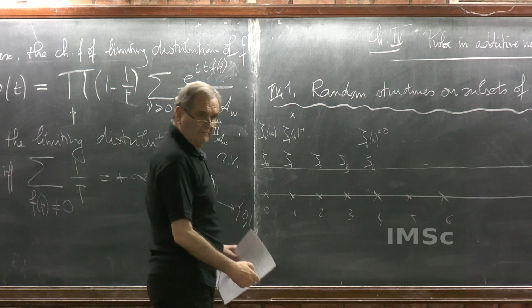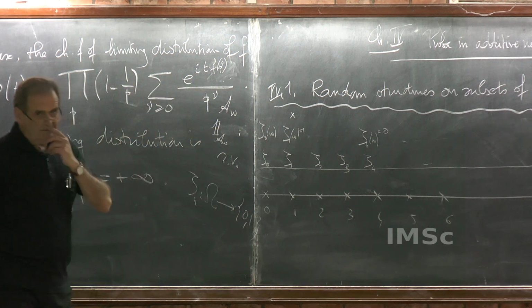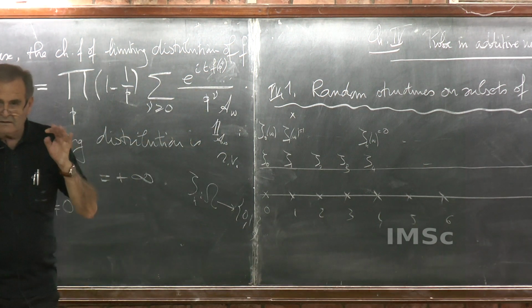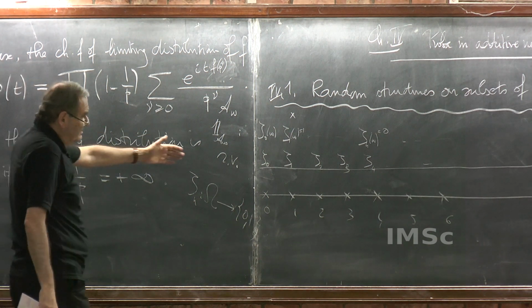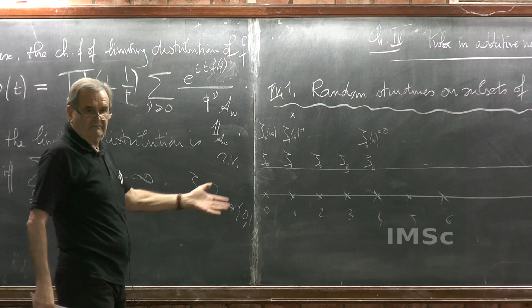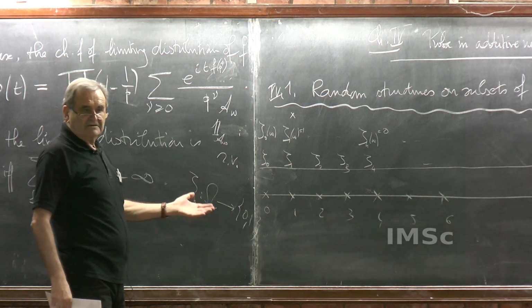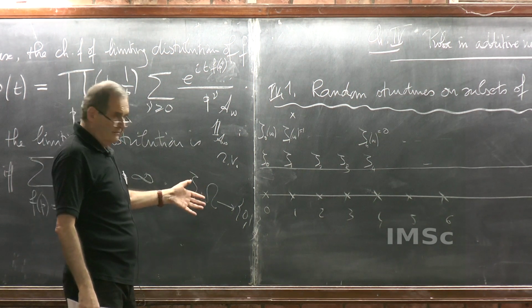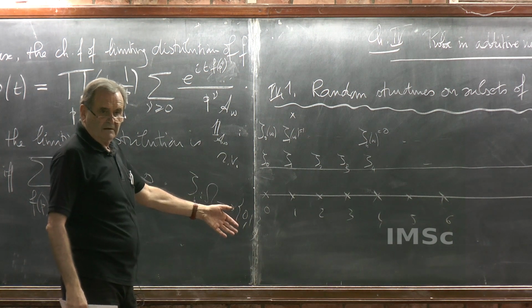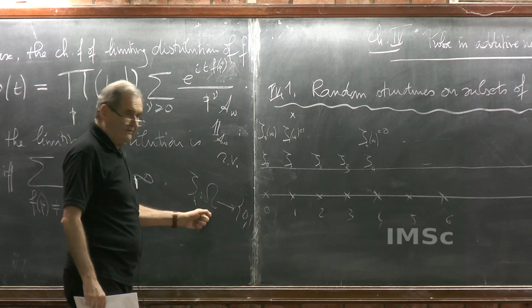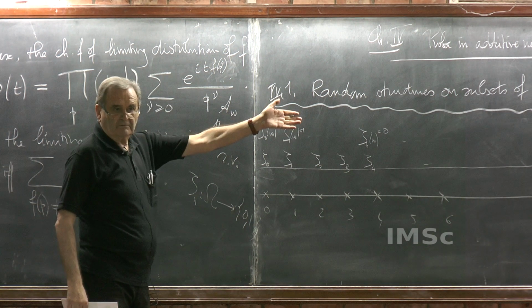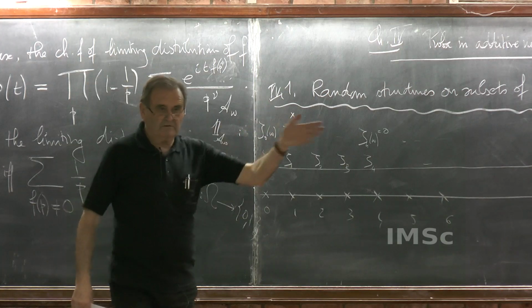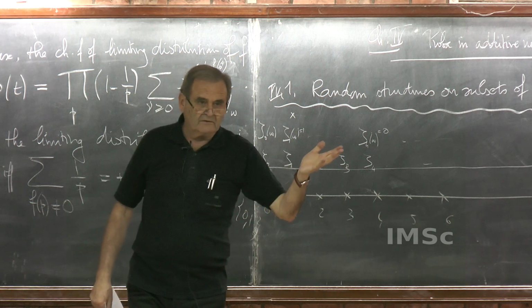So what we are doing is the following. As soon as we have a function, it need not even be a random variable. A random variable is just a function. Each time you have a function and a big set with values in 0, 1, to each element in this set you can associate a subsequence of A, which is the sequence where you have all the values which are 1.